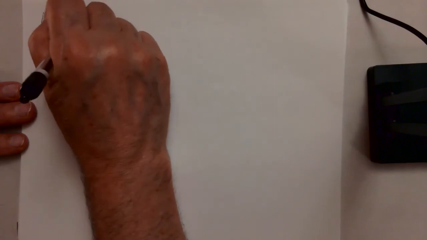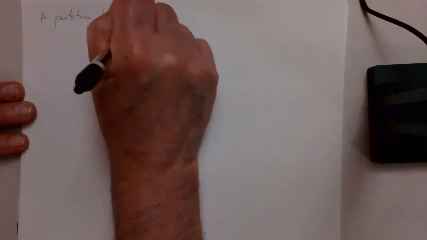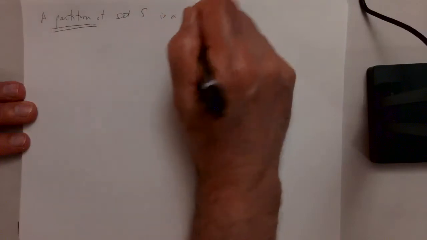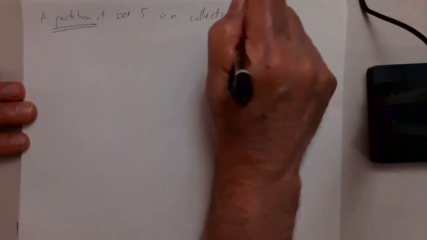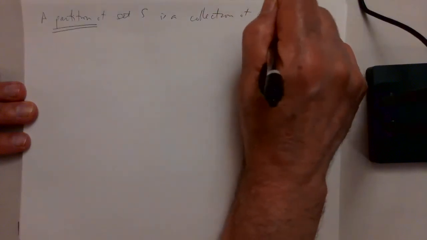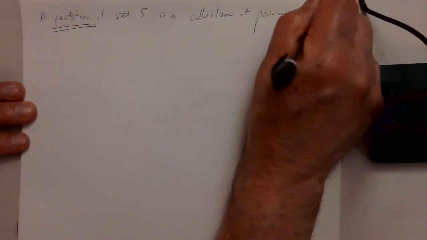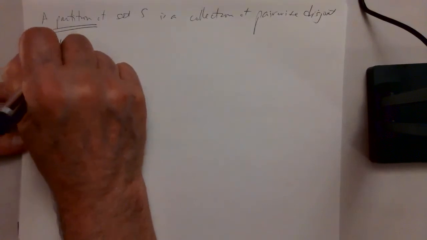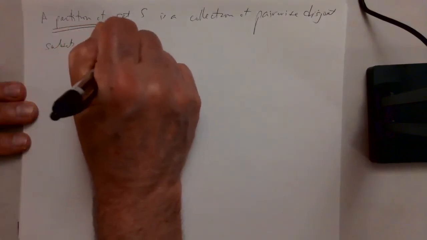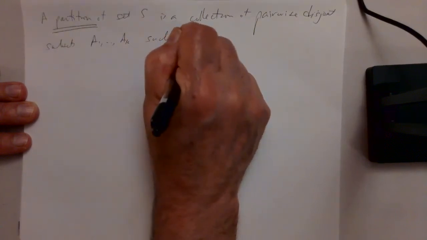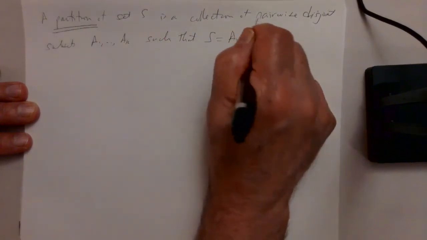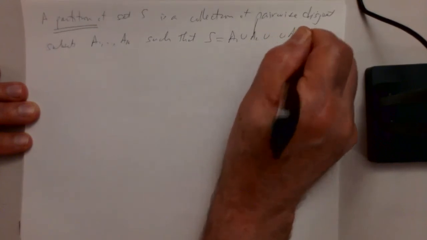And the last pure definition about sets that I'm going to give is the following. A partition of a set S is a collection of pairwise disjoint subsets, say A1 up to A_k, such that S is the union of these sets.